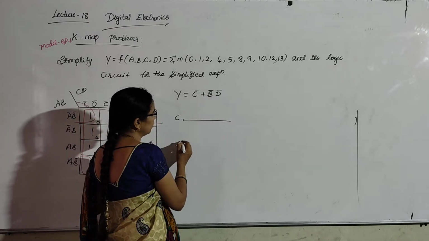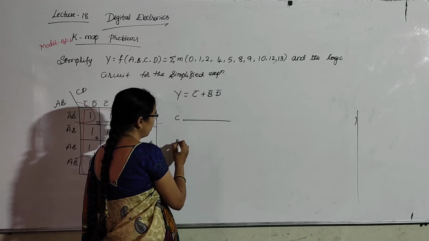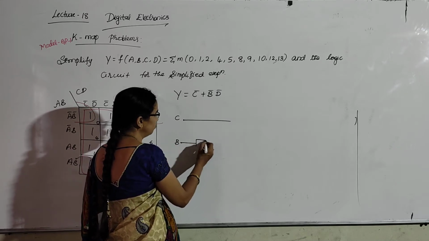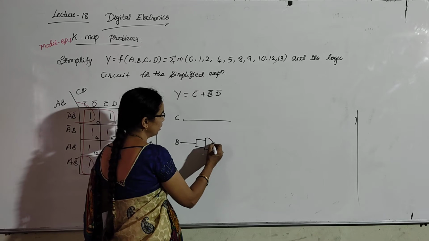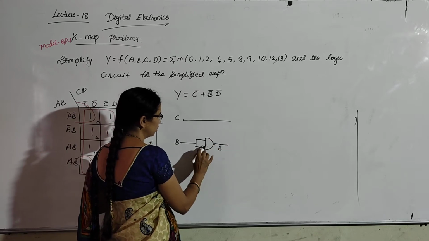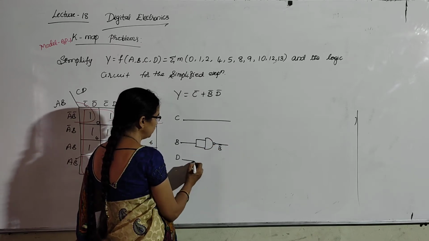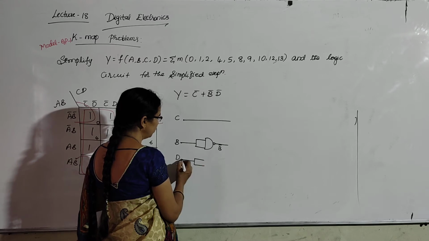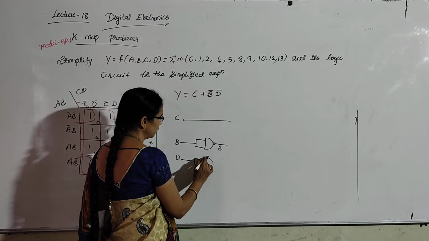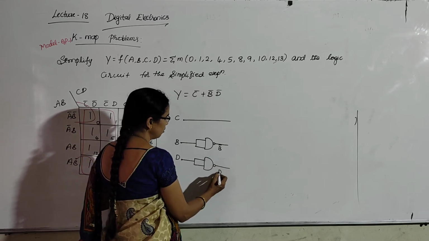C I will take directly, B I will invert it to get B bar, D also I will take and invert it, it will be D bar.